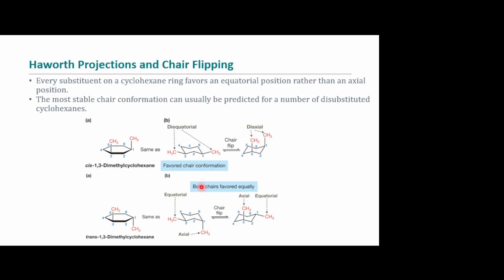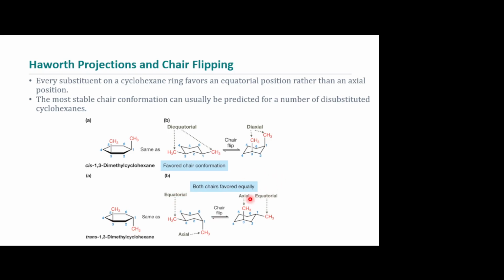Now let's look at this one down here. This is the trans. They're on opposite sides of the ring, and they're again the 1-3 positions. Them being on opposite sides of the ring means that anytime you get one in the equatorial position, the other has to be axial, the opposite. So when this one is equatorial, this one ends up axial.